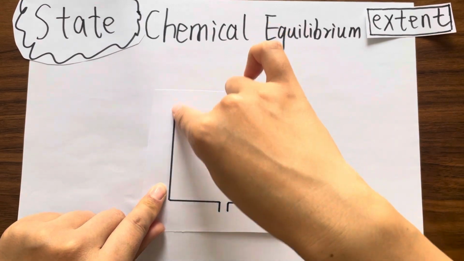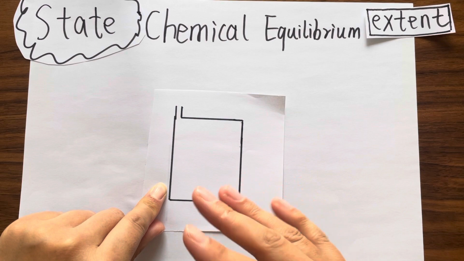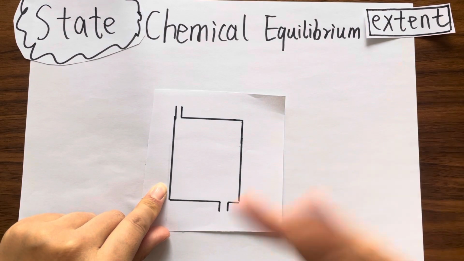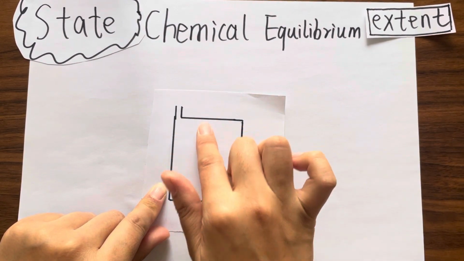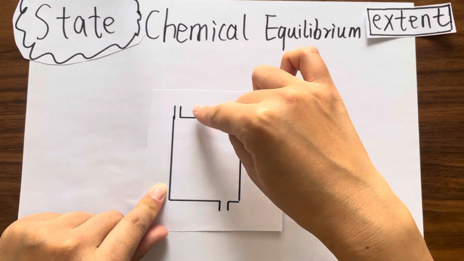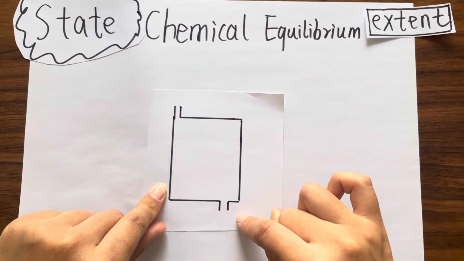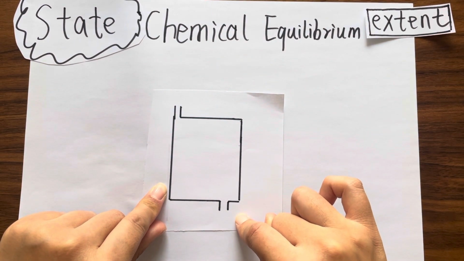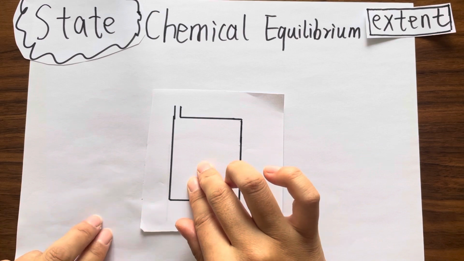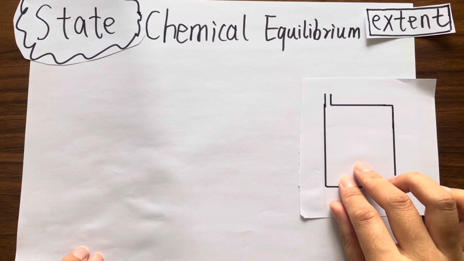But if the two ends to let water in and out are both open, then what will happen? Then whether the water level in the tank is high or low is determined by the rate at which water flows in and out. This is just similar to a chemical reaction.